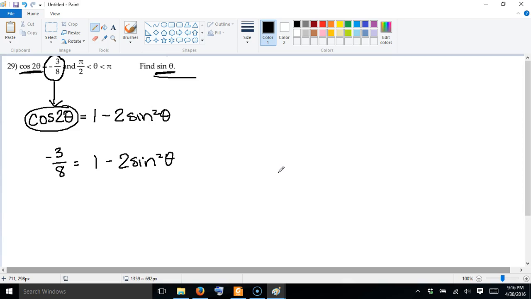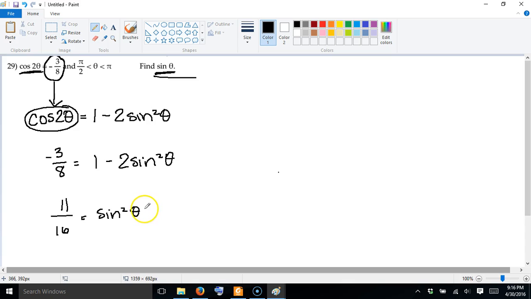Solve for sine, just like you've done with your Pythagorean identities and other sorts of identities. So subtract 1 from both sides, divide by negative 2, and you will end up getting 11 over 16 is equal to sine squared theta.